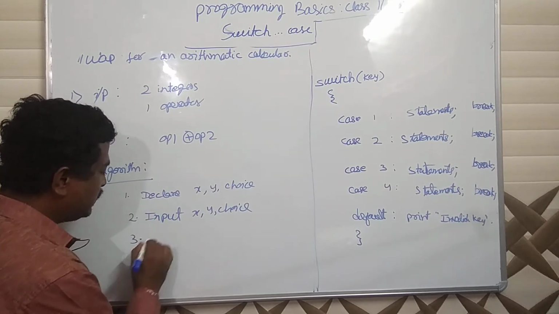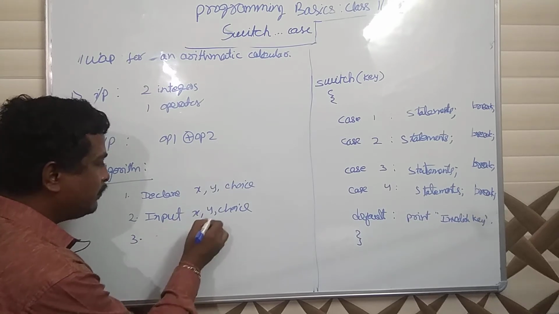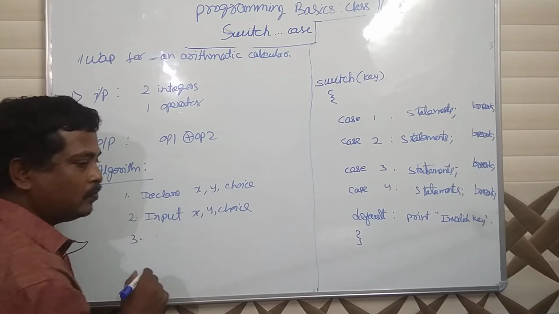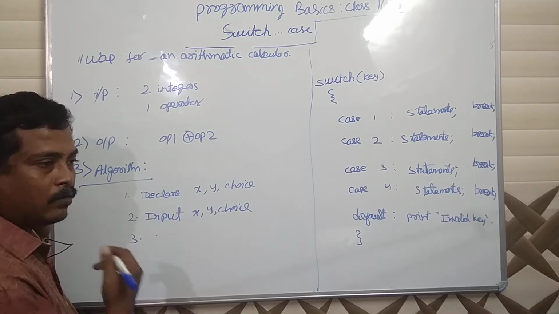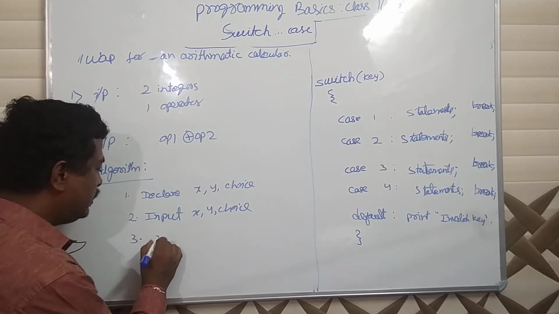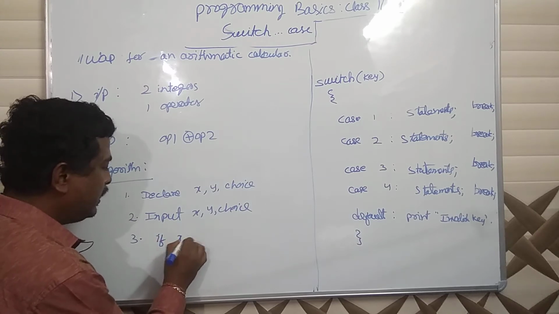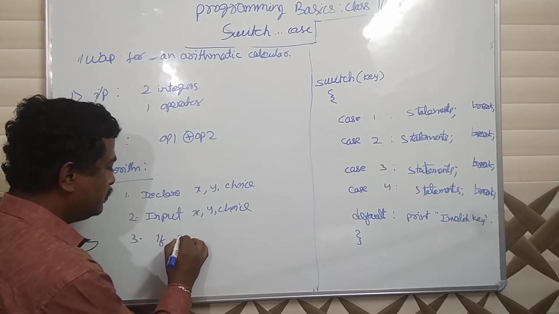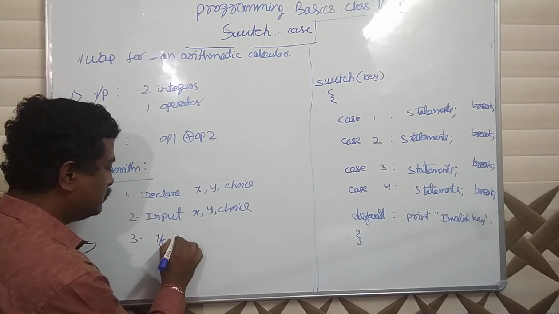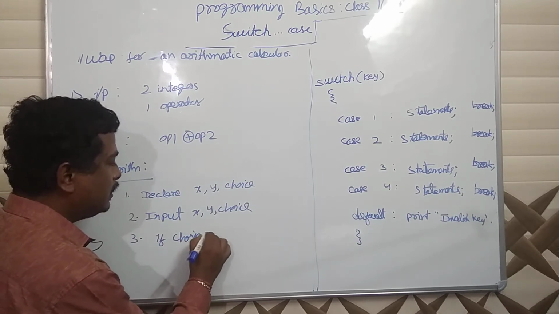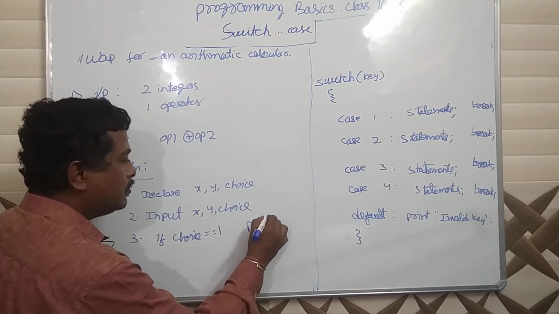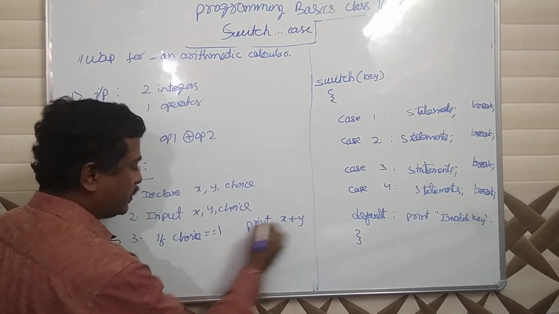So third step, after input of x, y and choice, what next will you calculate? How to calculate? If choice equal to 1, what will you do? Print x plus y.